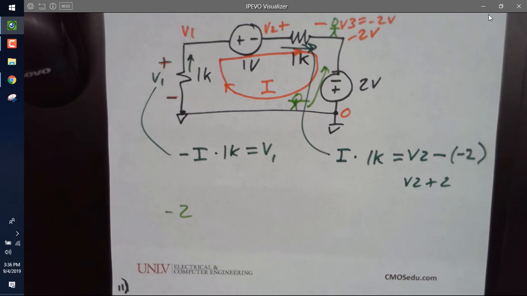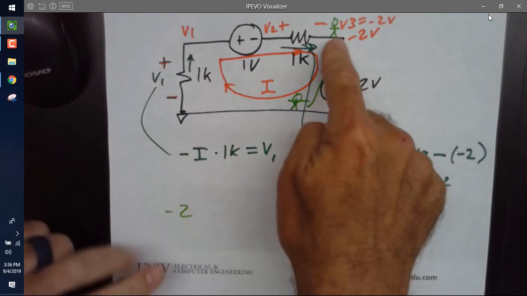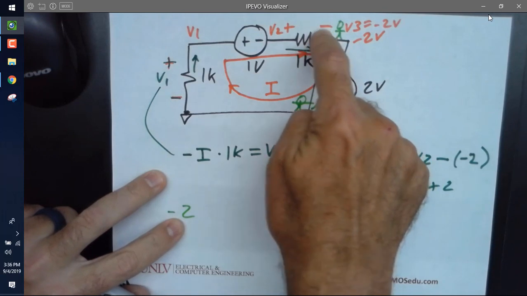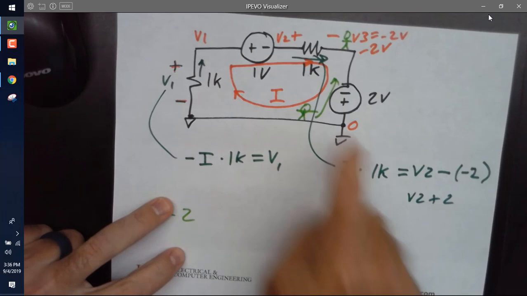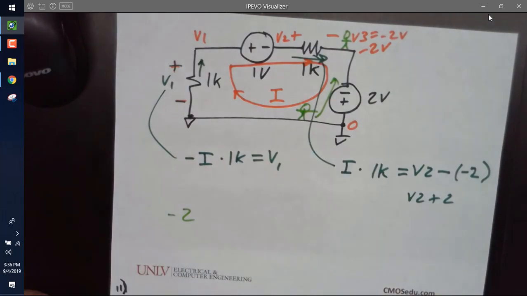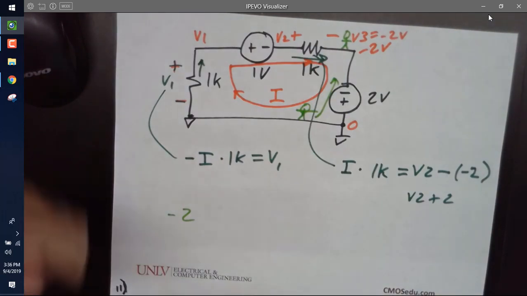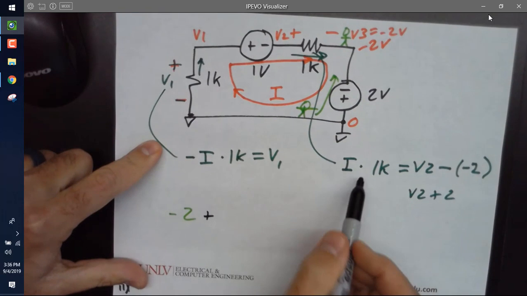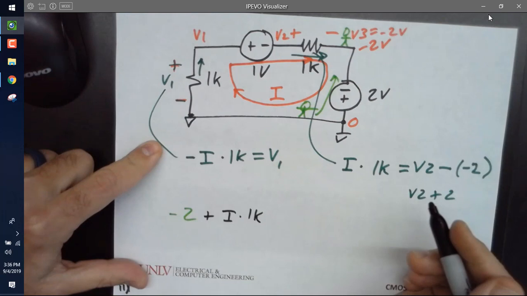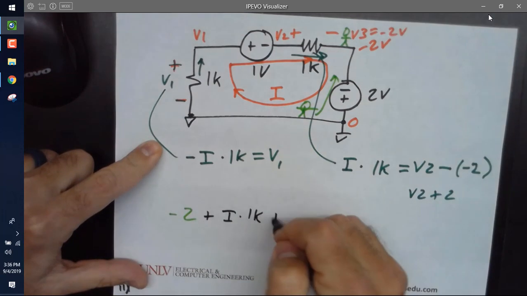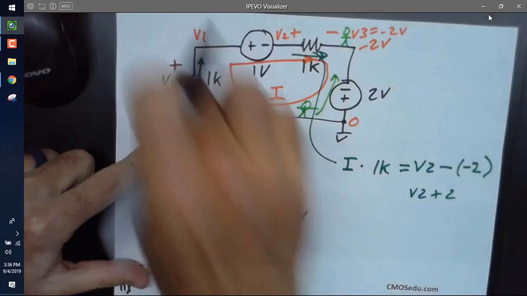All right, so I'm up here at 2. Then I'm going to go this way, and I've drawn this minus and plus. Using minus to plus, am I going uphill or downhill? Uphill, so I'm going to put plus, and then I times 1K. Then here, am I going uphill or downhill? Uphill, plus 1 volt. And then the way I've drawn this here, am I going uphill or downhill?